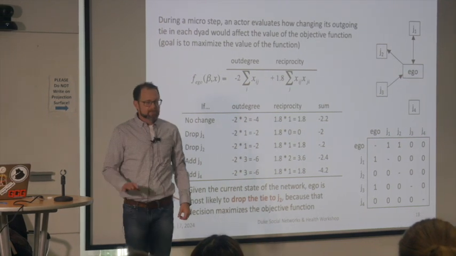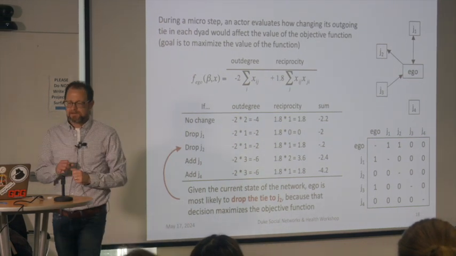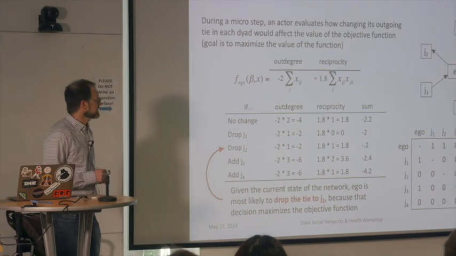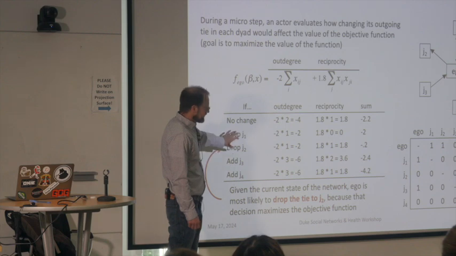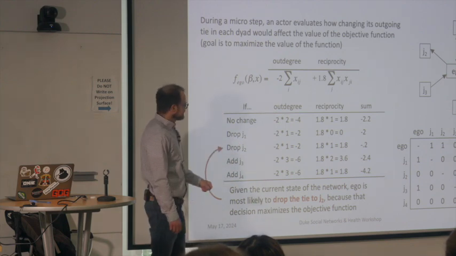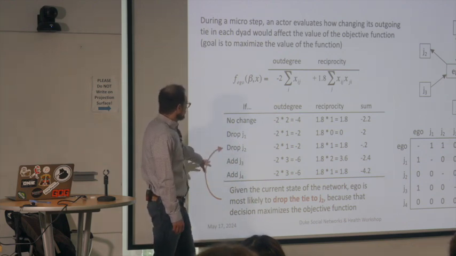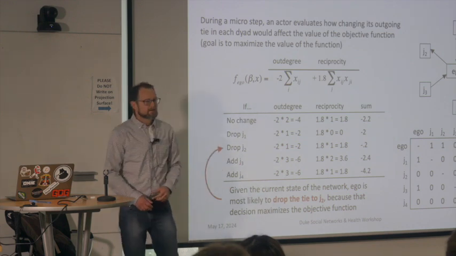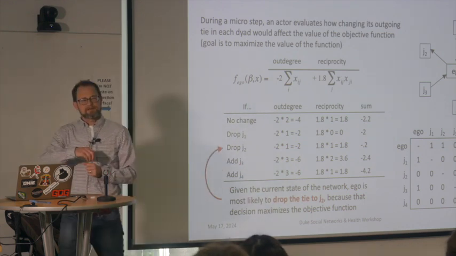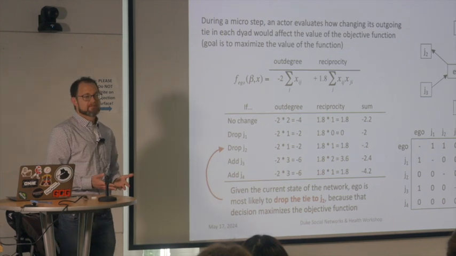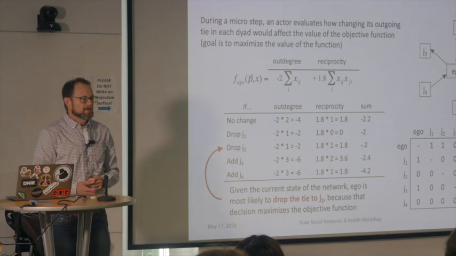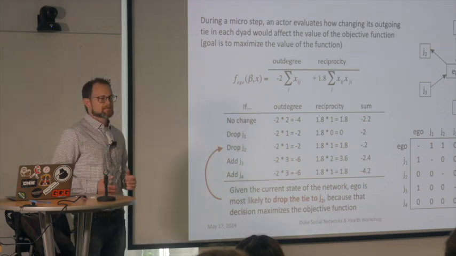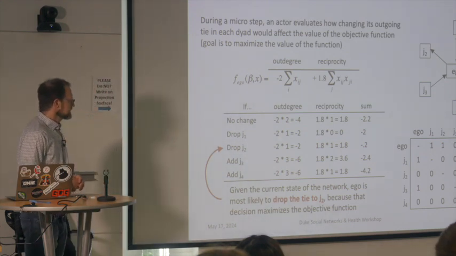I should mention, the model adds a little bit of error to make this stochastic, in case there's a tie. All right, so ego drops that tie, and then the model would select another actor who would evaluate the current network, with the tie from ego to J2 dropped, and evaluate all possible ties and make their own decision.